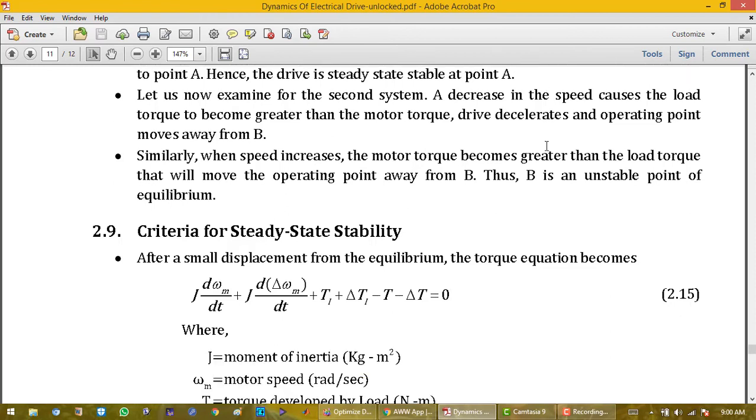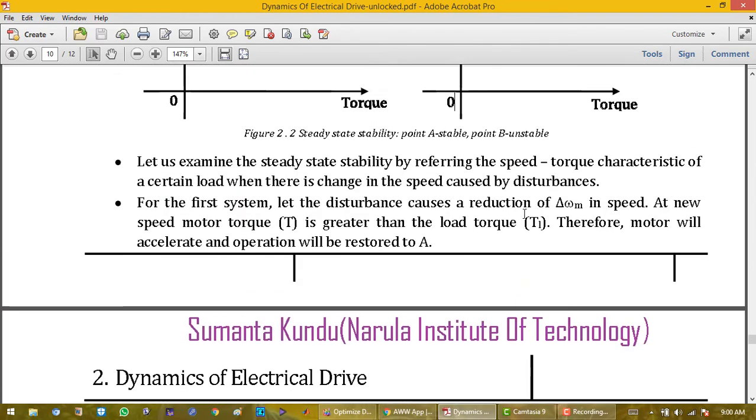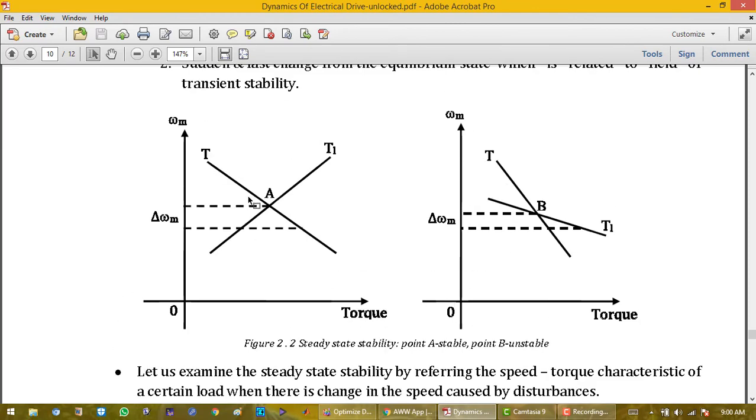So what have we established? We have established that an equilibrium point will be stable when an increase in speed causes the load torque to become greater than the motor torque. In that condition, we can say that stable operation is happening.